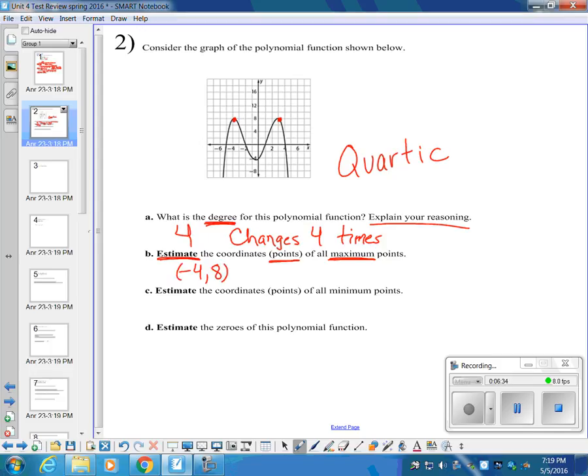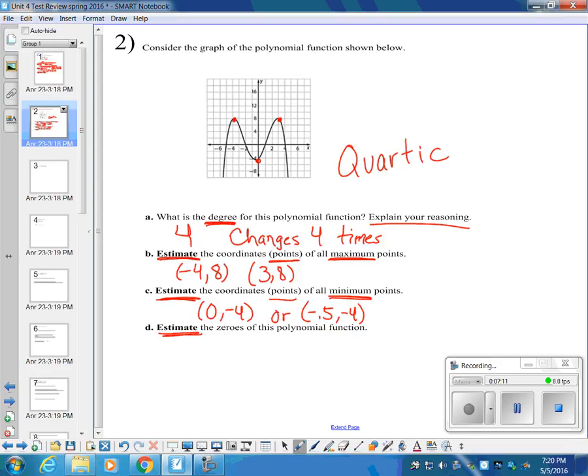I'm at 3, 8 for the other one. All right, estimate the points that are the minimums. It goes to the valley right here. So really, it's probably about half back this way at -4. If you put 0, -4, I'm okay, or -0.5 and -4, because it really is a little over.